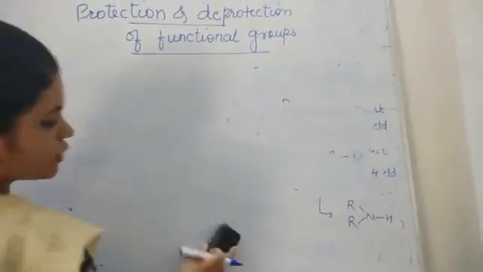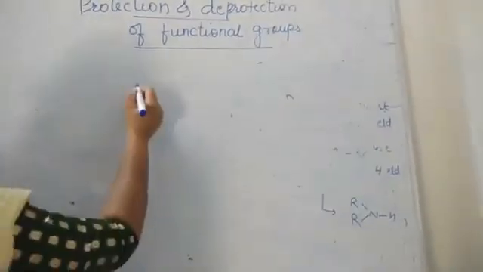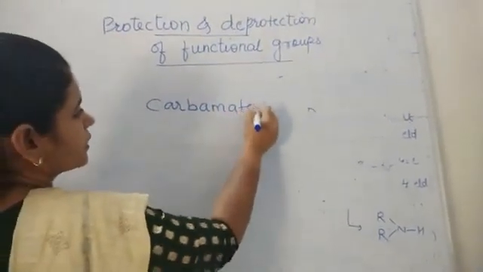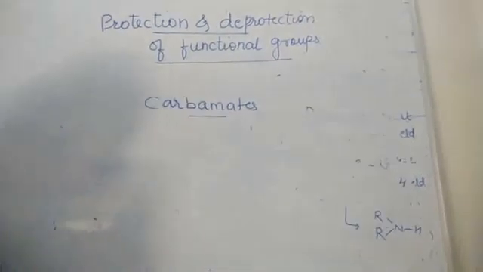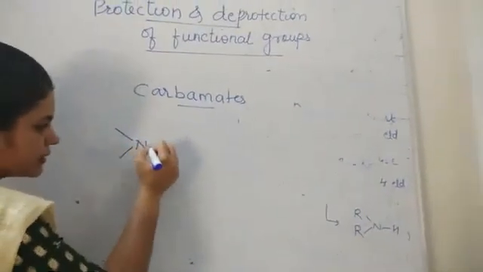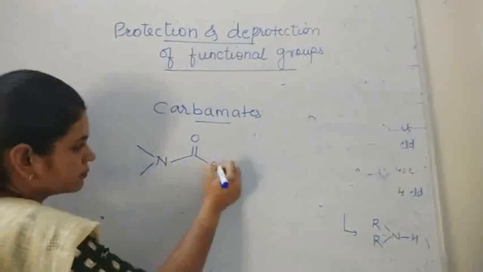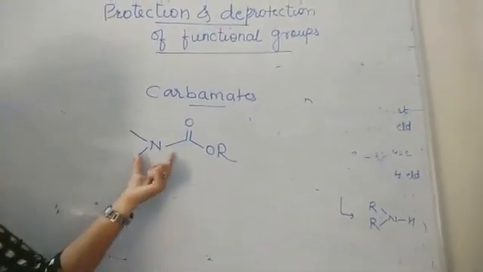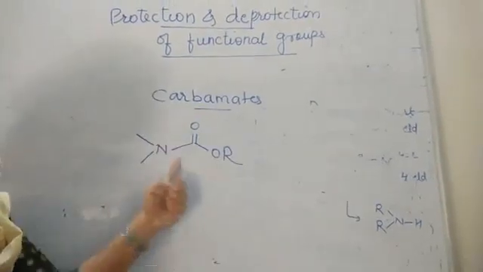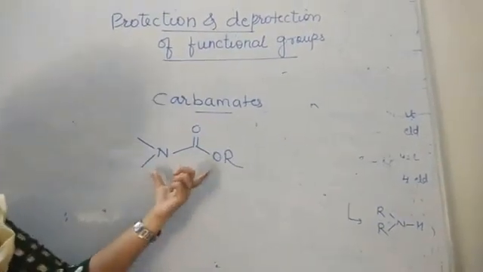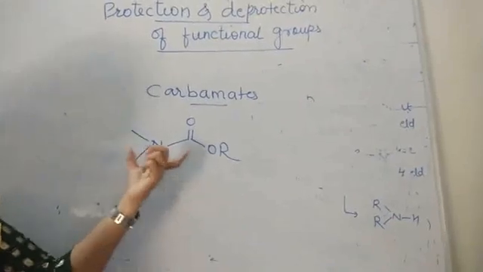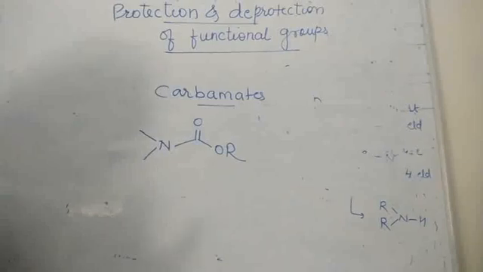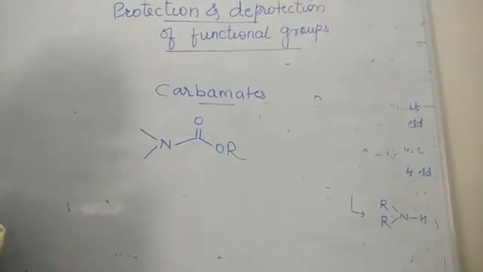The second method which we are going to discuss here is carbamates. Now, what are these carbamates? Carbamates are this type of compound. The amino group is attached here, and this one is the ester functionality. These types of compounds are carbamates, which behave like amides, and they no longer act as a nucleophile.